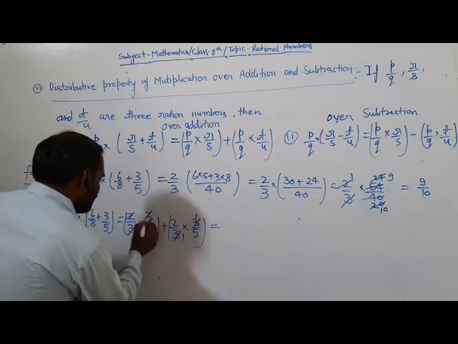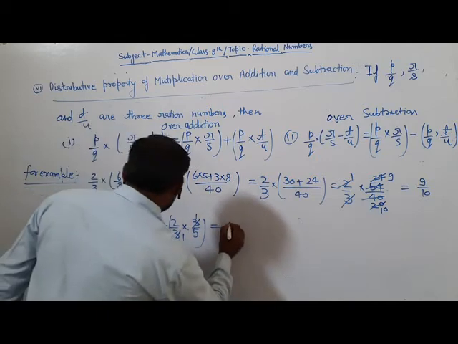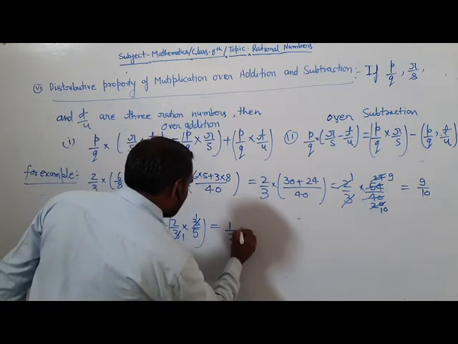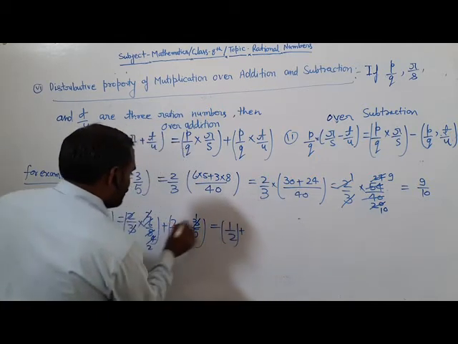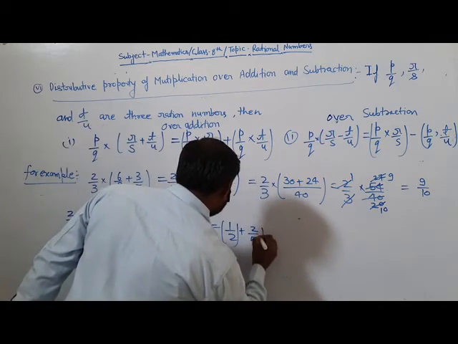Here 2 2 is 4. So we get 1 by 2 plus 2 1 is 2, 2 by 5.